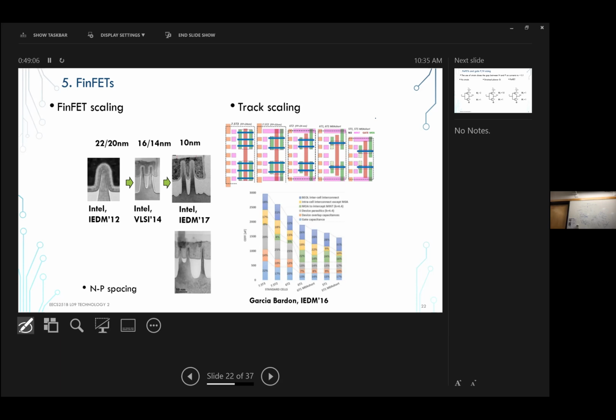So to go from 7.5 tracks to 6 tracks to 5 tracks. They're even talking about 3-track cells now in nanowire type transistors with buried power rails. We'll see how that goes, but it's going to be really interesting.